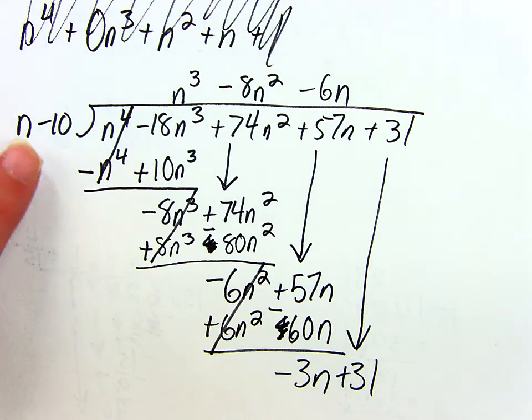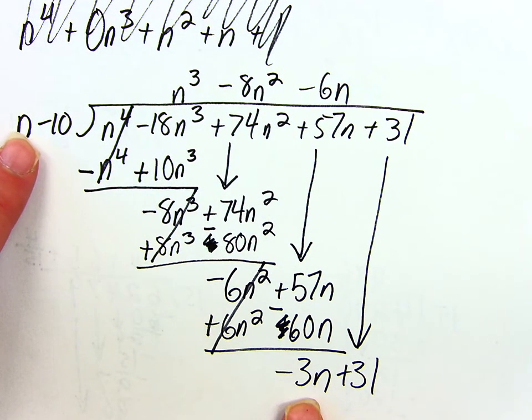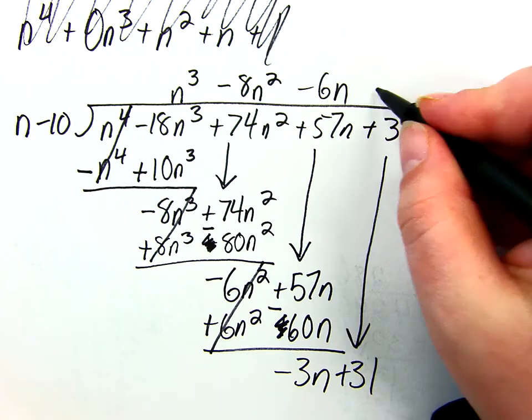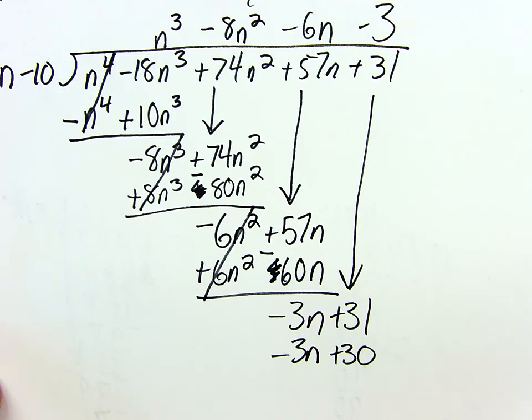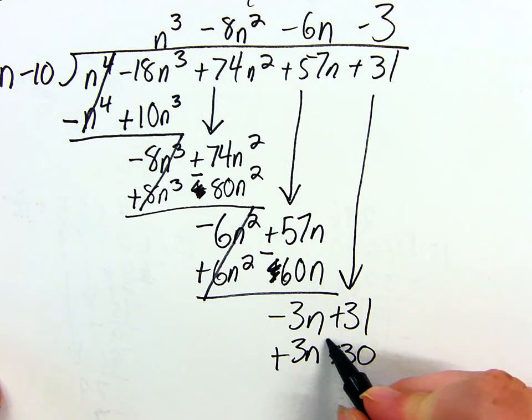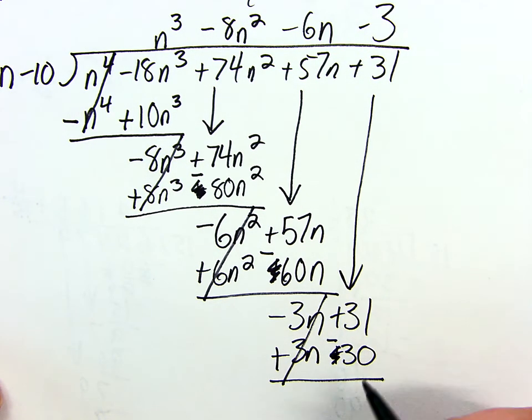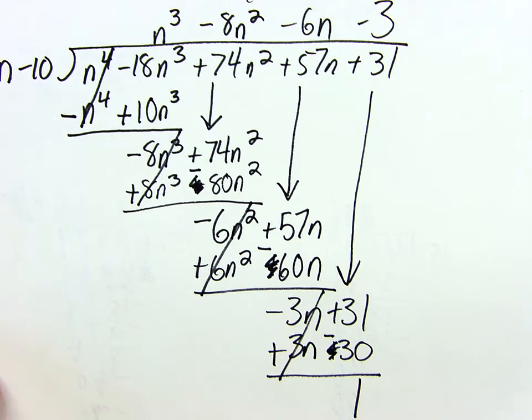And then what do I multiply n by to get negative 3n? Negative 3. So negative 3 up top, and do negative 3 times all that. But then I have to subtract this, so now you're a plus, you're a minus, and it cancels. I have a remainder of 1.